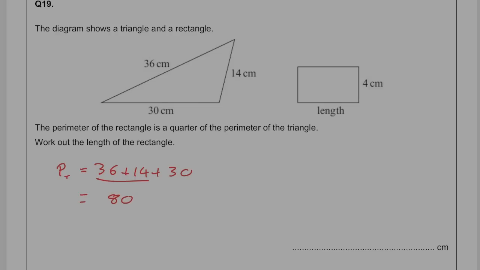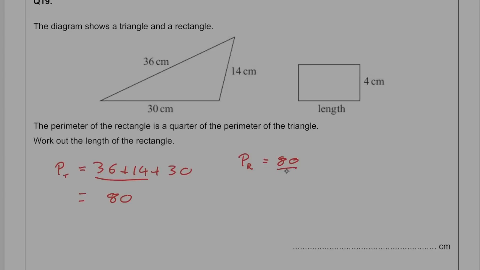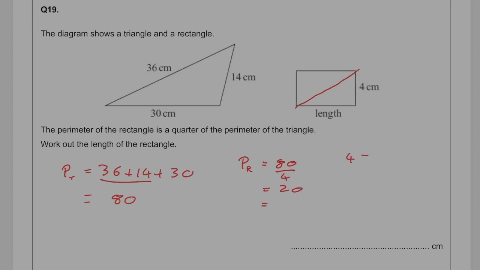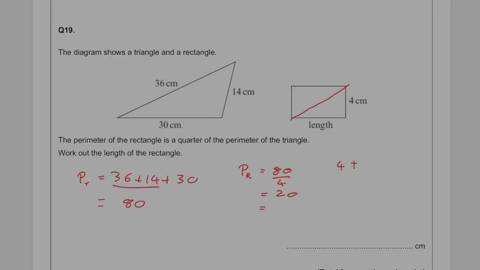So we're told the rectangle is a quarter the perimeter of the triangle. So the perimeter of the rectangle is going to be equal to 80 divided by 4. So it's got to be equal to 20. And then what I'm actually going to do is say that half of the perimeter is going to be equal to 4 plus L. So 4 plus L has to be equal to 10.